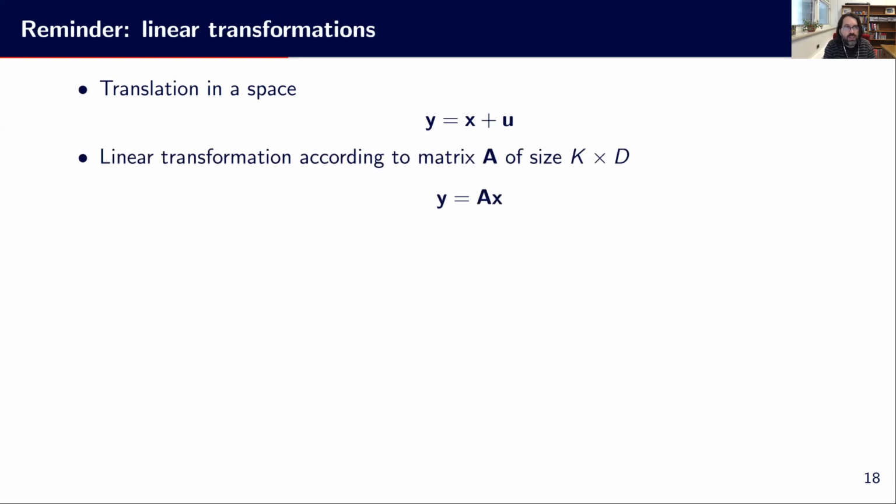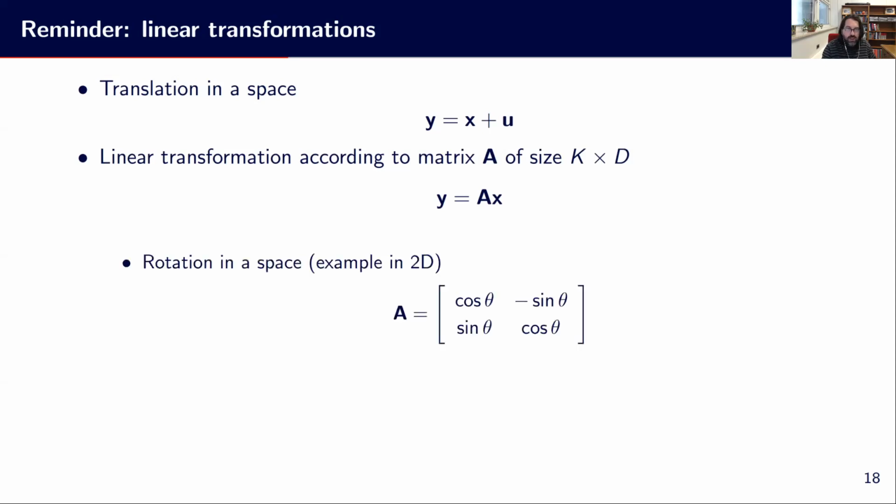We can also implement linear transformations according to a matrix A, big A of size K times D. That means we will map the space of X, which is in D dimensions, to a space of Y in K dimensions with that matrix A. And this can implement things like rotation, for example.